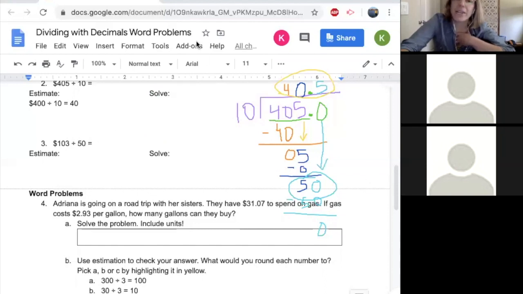Interesting. Why did you say that? Say it again, Onion. 50 cents. So remember, cents are out of 100, right? Every dollar is broken into 100 cents.